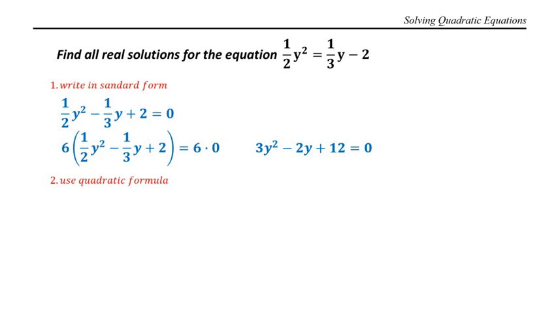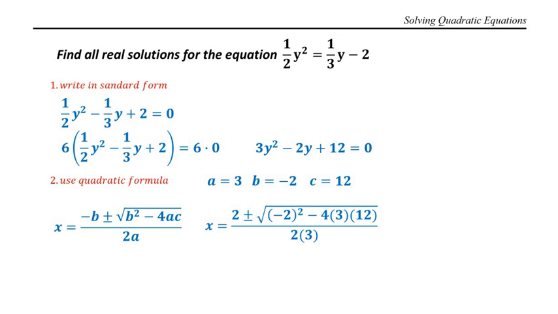Step number 2, we're going to use the quadratic formula. As a reminder, here's the quadratic formula. We have our negative b plus or minus square root of b squared minus 4ac over 2a. So with this problem, our a value is 3, our b value is negative 2, and our c value is 12.